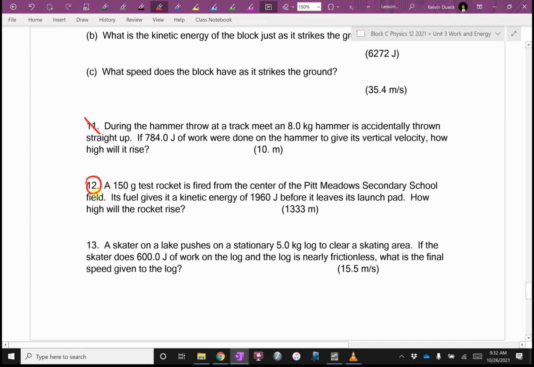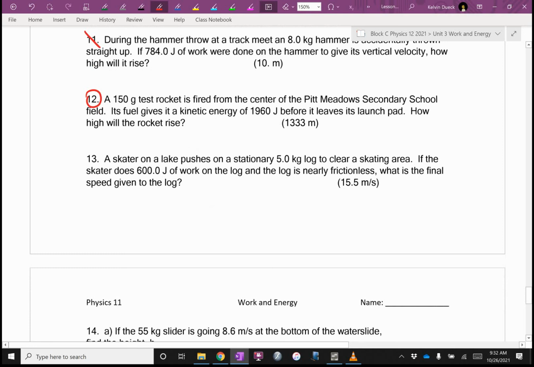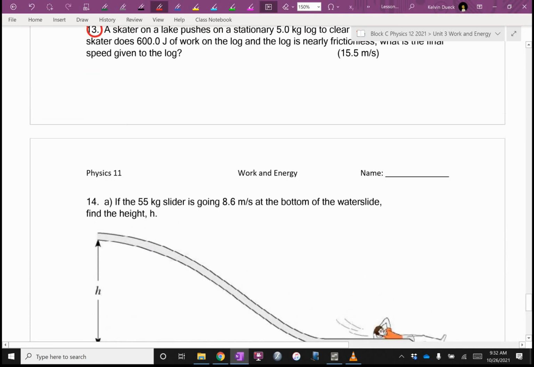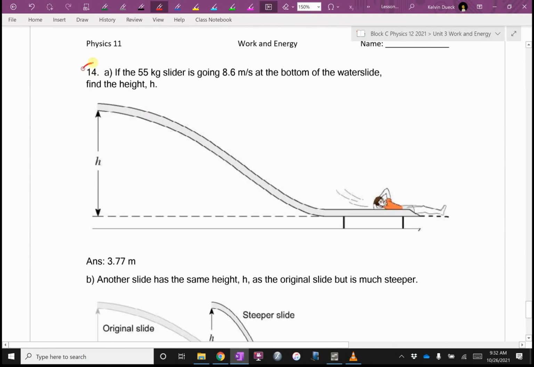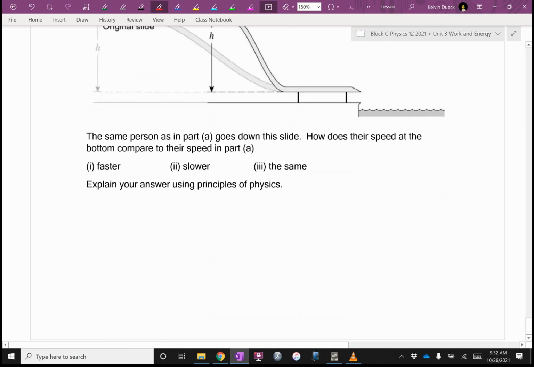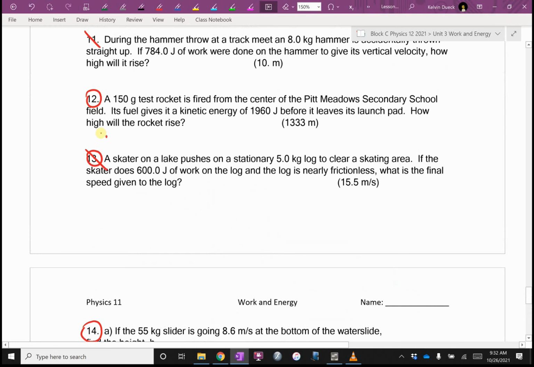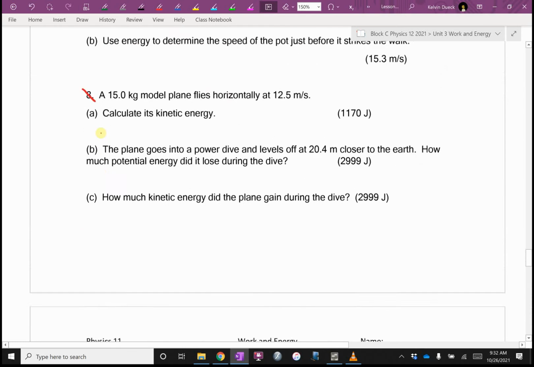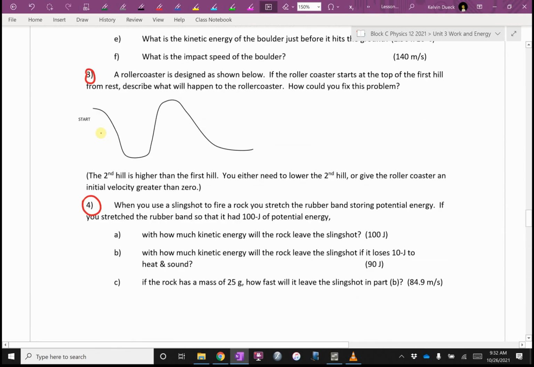Skip 11. 12 is good. 13. Nah, skip 13. Here, I wanted to get to roller coasters or water slides. Water slides, another great example of conservation of energy. So 14 is good. So I ended up skipping 13, 11, 9, 8, 7.